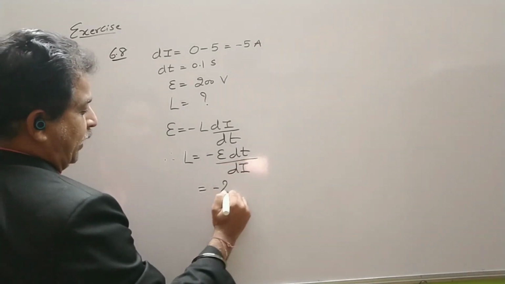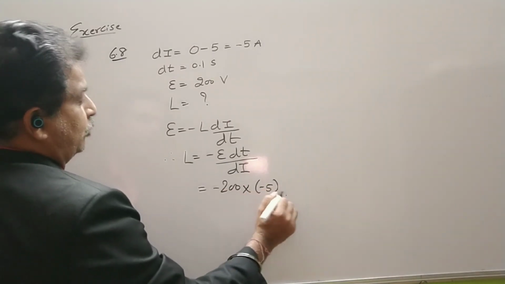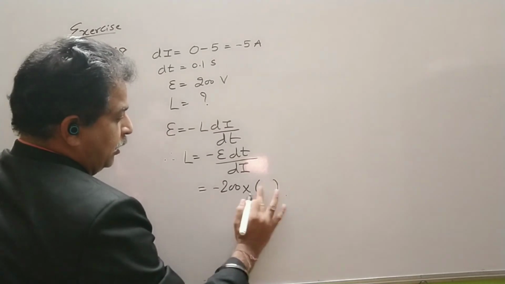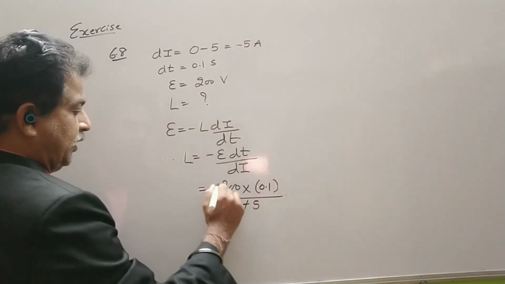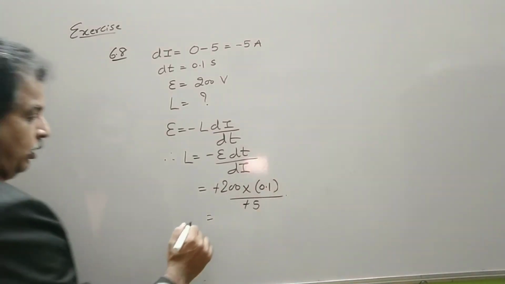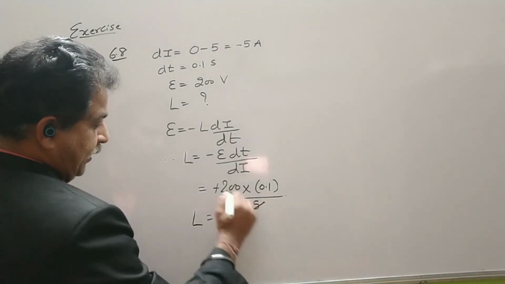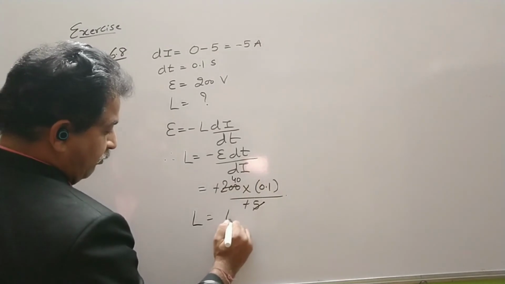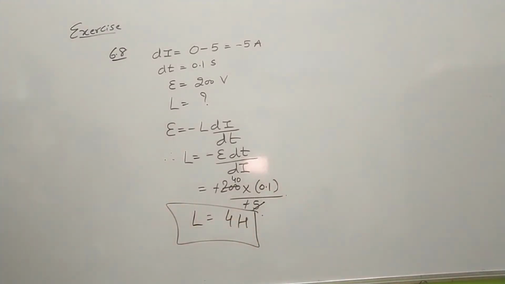So that is equal to minus 200 multiplied by 0.1 divided by minus 5. So this minus minus is cancelled. So that is 40 into 0.1. So answer is 4 Henry. So this is the self-inductance of the coil or circuit.